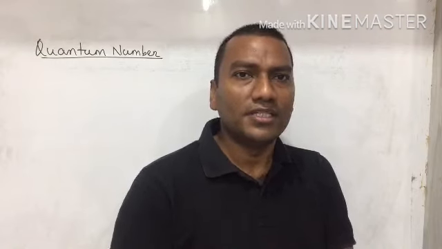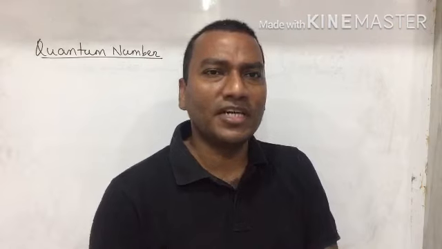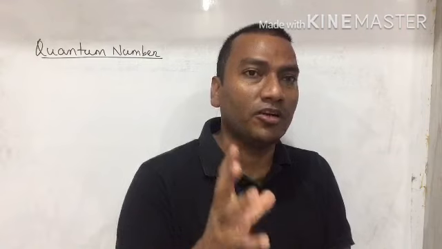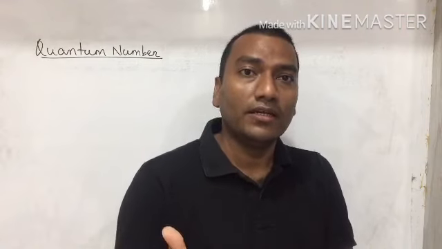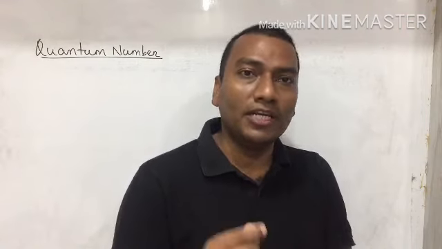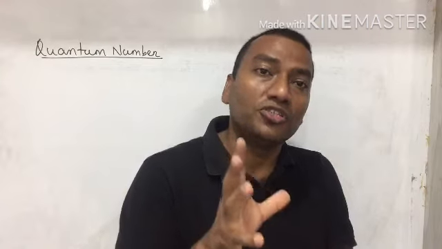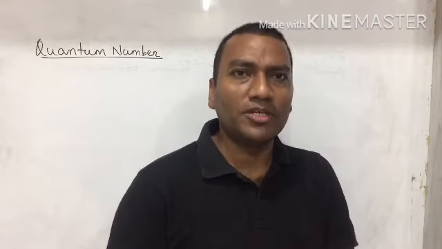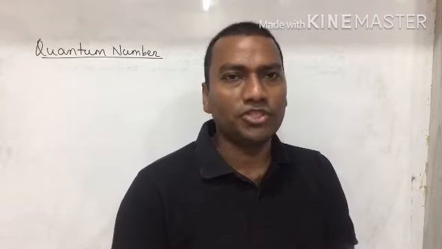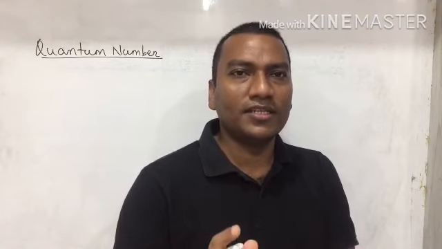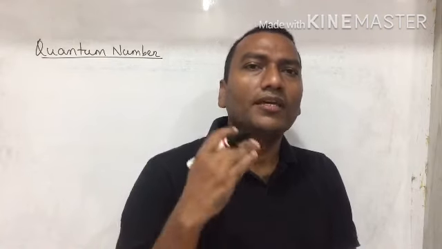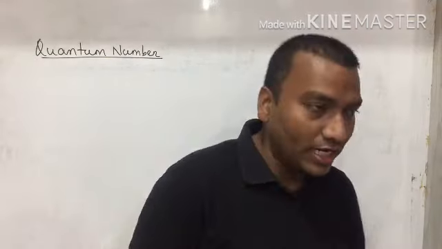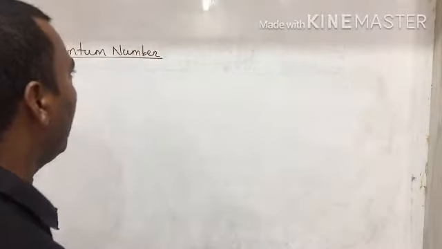Similarly, when electrons are present around the nucleus, the different terms which can explain the different information of the electron are called quantum numbers. Quantum numbers are the numbers which can explain the position, energy, orientation, everything of an electron. So quantum numbers are of four types.